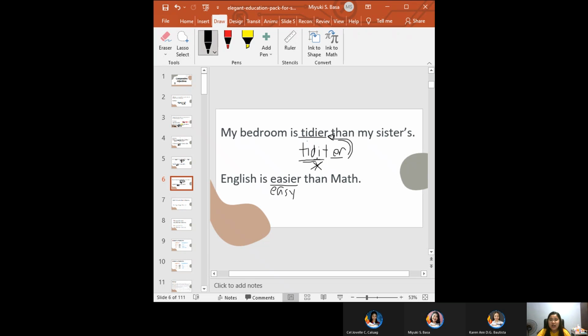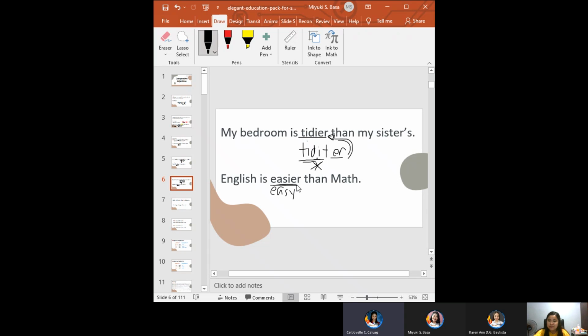So my question now is, based from the third rule, how did we come up with this comparative adjective, which is easier? Anyone would like to answer? Okay, Sel, you're raising your hand.